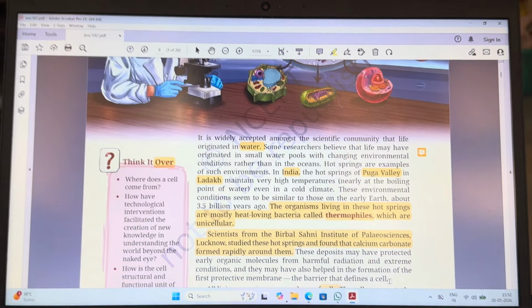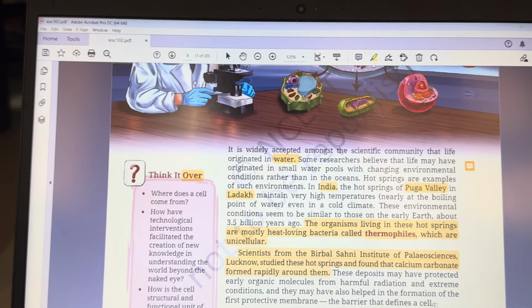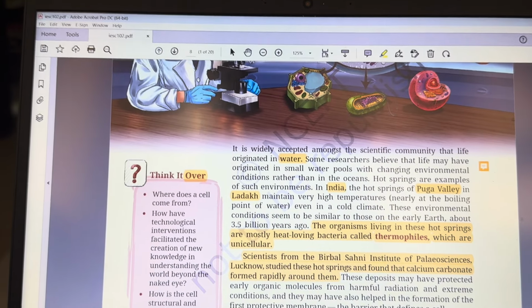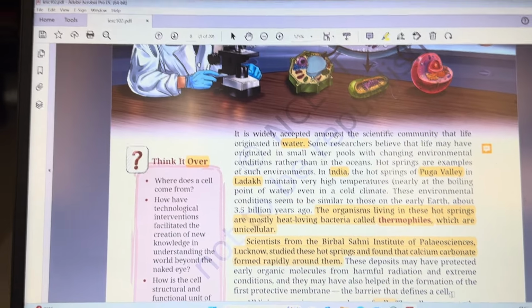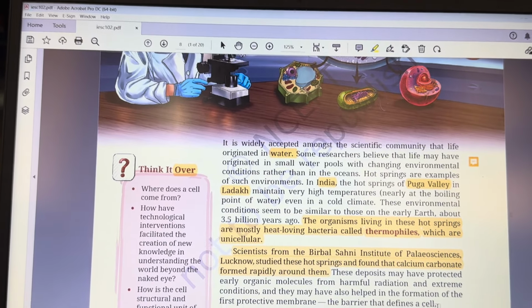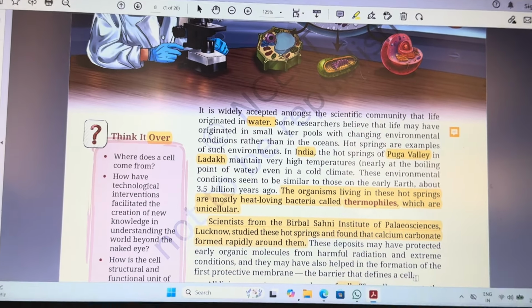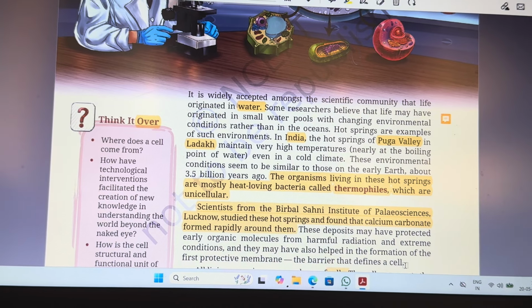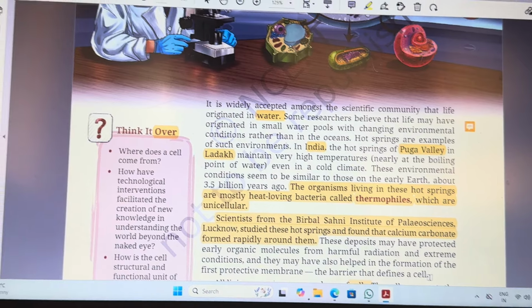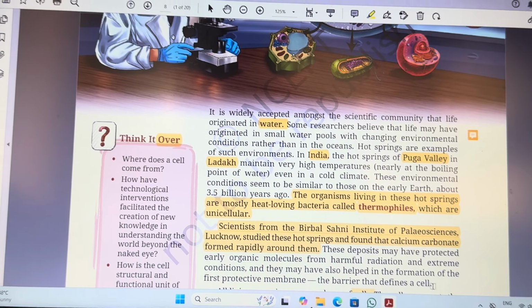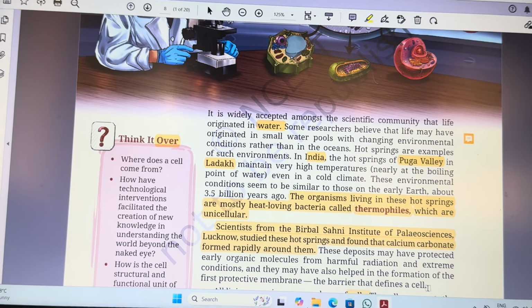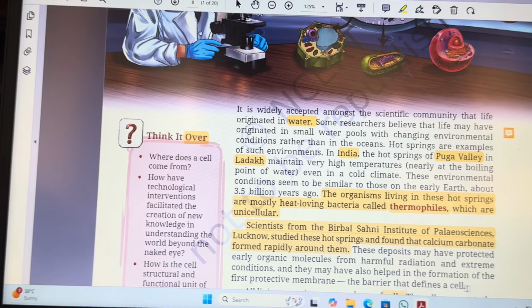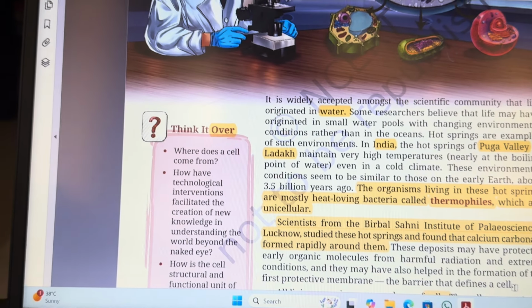So, according to the scientists, calcium carbonate is formed rapidly around the hot springs, which protected the molecules from harmful radiation and extreme conditions, and helped in the formation of the first protective membrane, known as the barrier of the cell.